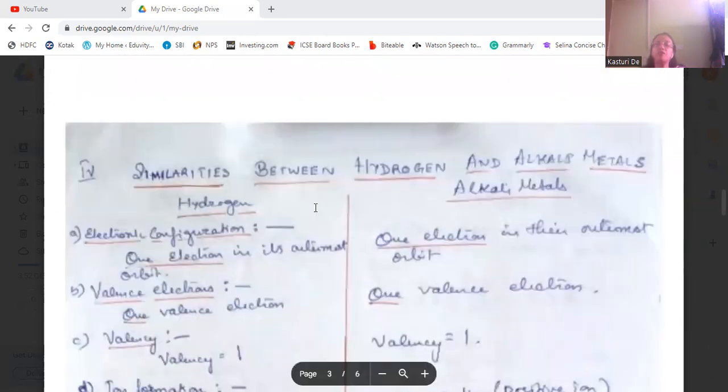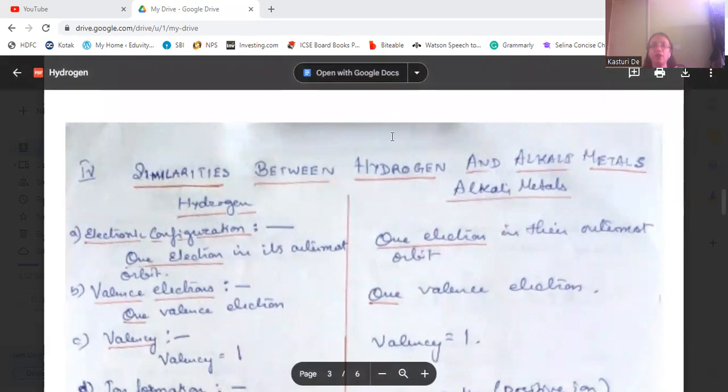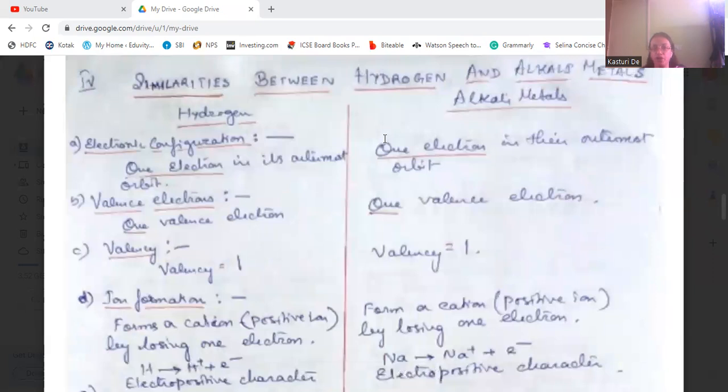Next, we come to the similarities between hydrogen and alkali metals. What similarities do we find? Electronic configuration: hydrogen has 1 electron in its outermost shell, and alkali metals also have 1 electron in the outermost shell.